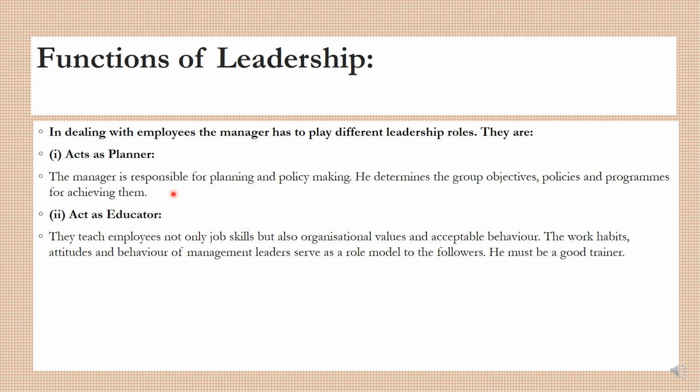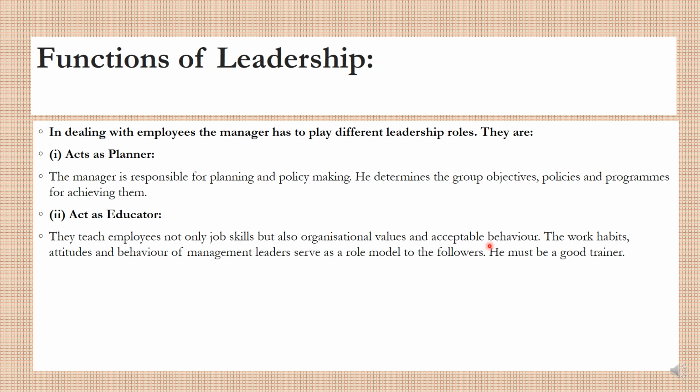Then he acts as an educator. Like I just told you, once the plans are set, he has to educate his followers, his subordinates accordingly, so that they can follow the instructions well. They teach employees not only job skills but also organizational values and acceptable behavior as well. So they are being followed.